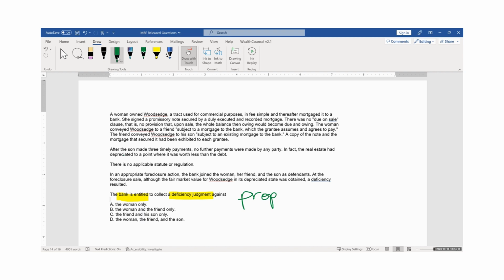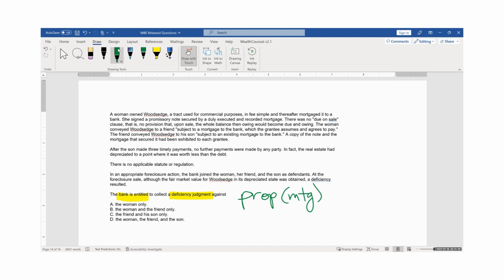So going through the fact pattern, you will be looking at the woman, the friend, and the son. So whenever the names come up, you would want to highlight and see whether or not they would be responsible for any deficiency. At this point, though, you should gather that this is likely a mortgage question because they're talking about deficiencies. So the idea is borrowers are liable for deficiency.